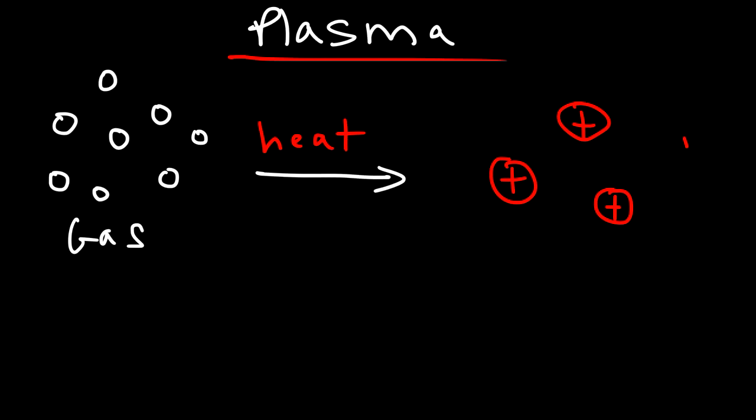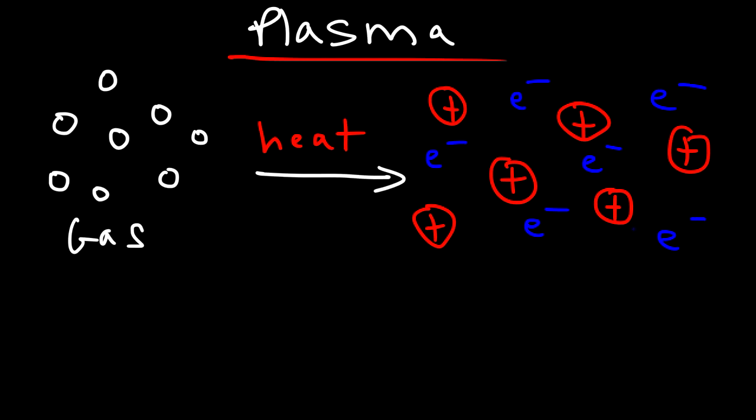These are the atoms that lost electrons. And not too far from these ions are the electrons that were stripped away. Now, here's the key difference between a gas and a plasma. A gas, in its neutral state, does not conduct electricity. A plasma, or an ionized gas, does conduct electricity.